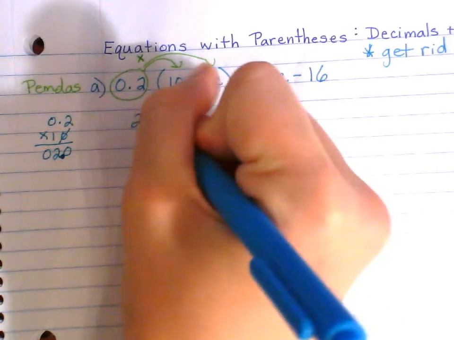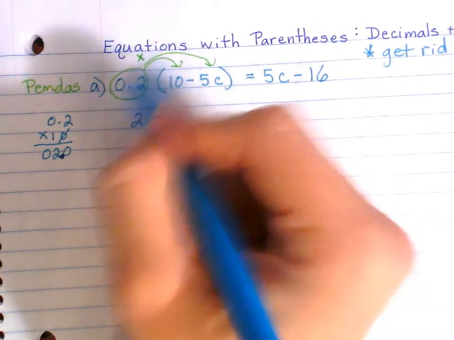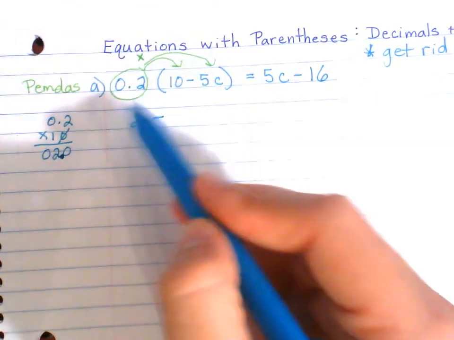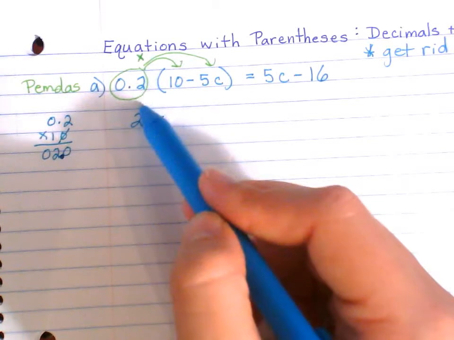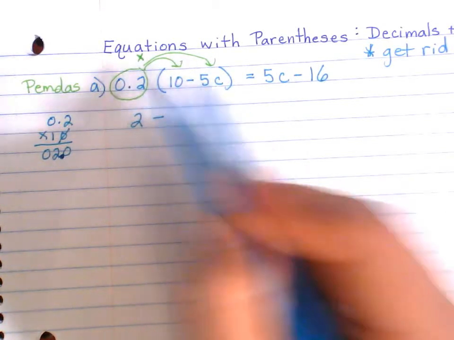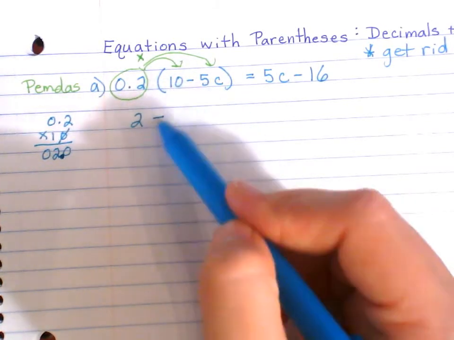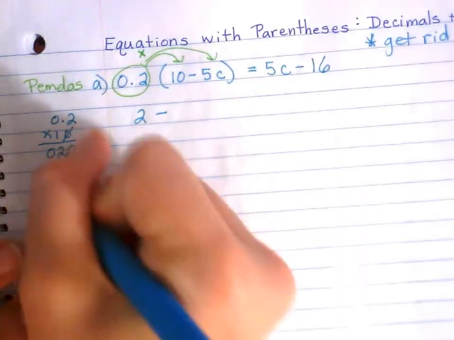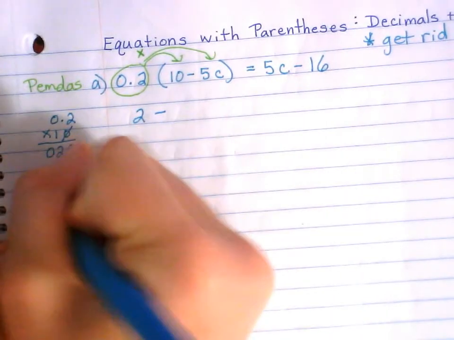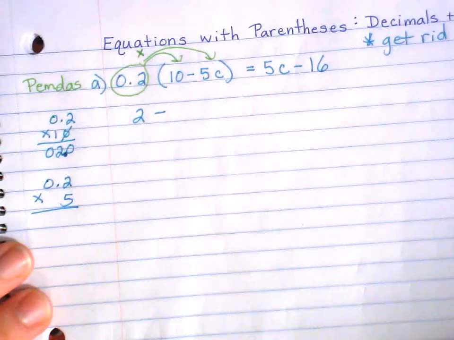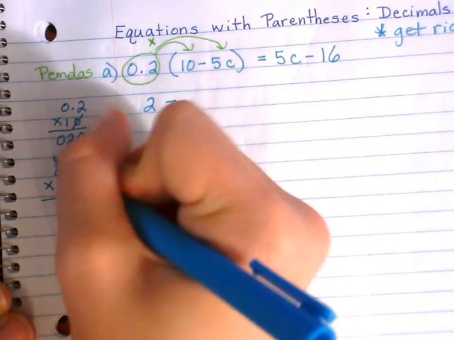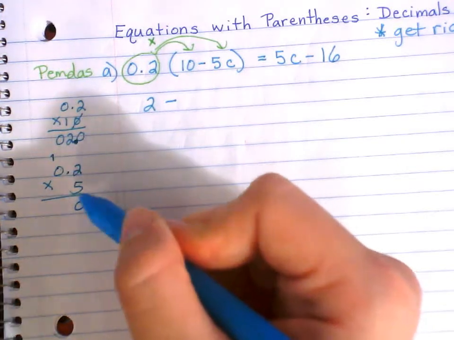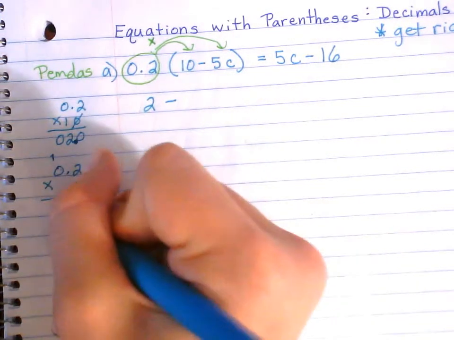Okay, minus, because there's a minus, 0.2 times 5. Now that's actually a 0.2. I shouldn't have written that minus. That's actually a positive 0.2 times a negative 5. I know a positive times a negative is a negative. So now I'm just going to focus on that 0.2 times 5. Well, I know 2 times 5 is 10, so put down the 0, carry the 1. 0 times 5 is 0, plus 1 is 1.